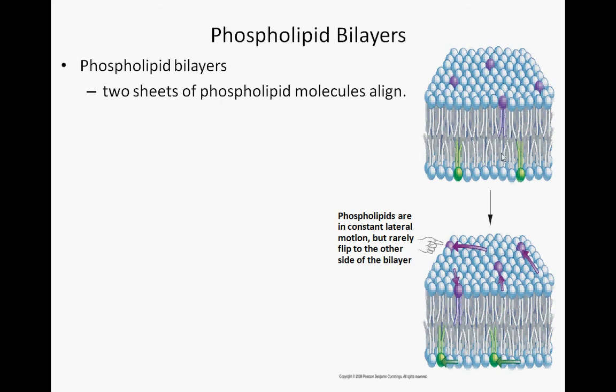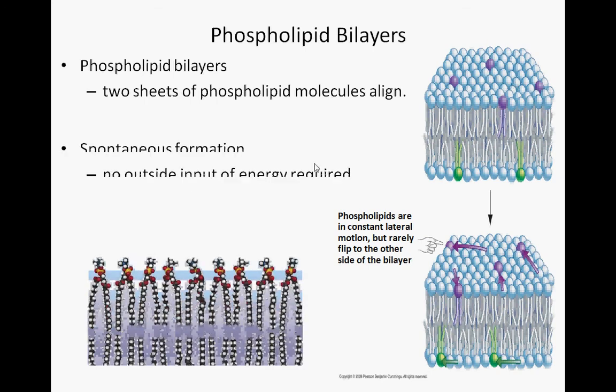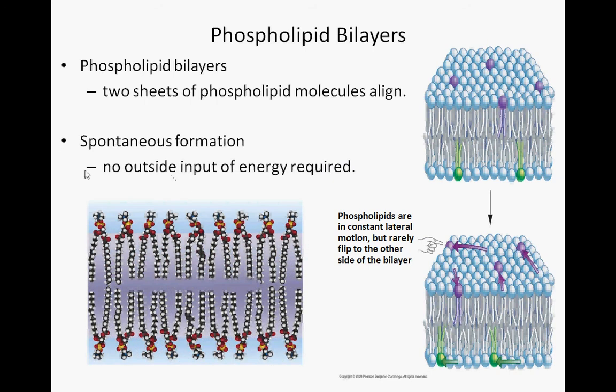These tails are going to interact with each other and these heads are going to interact with each other, and that's it. Once again, these happen spontaneously. They form all by themselves and you don't need any energy to build this entire membrane.